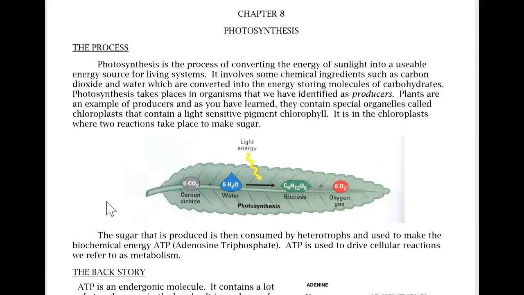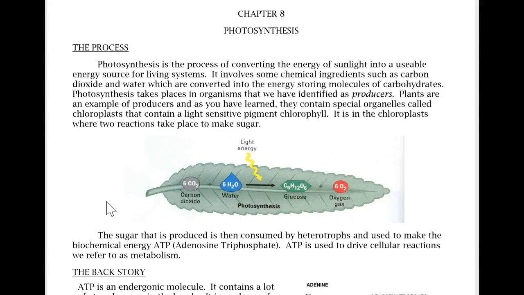And where this takes place specifically is in the chloroplast, the organelle that is found in plant cells. We're going to study the structure of the whole chloroplast so that we can understand how these reactions take place.